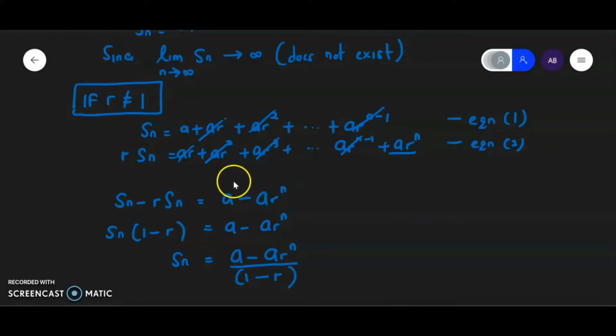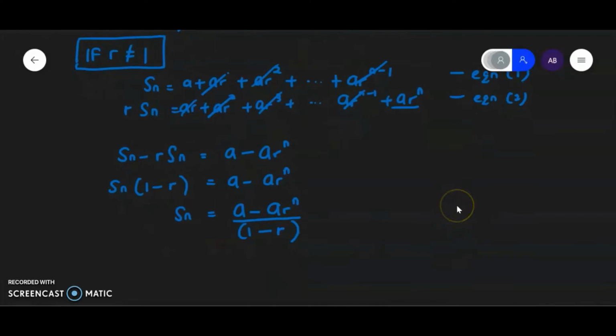Now we can look at this geometric series here. Let's say I'm looking at the limit as n approaches infinity of Sn, which means the limit as n approaches infinity of a, factor out a, times 1 minus r to the power of n over 1 minus r. Okay. So when n approaches infinity, r to the power of n approaches 0, right? This term approaches 0.